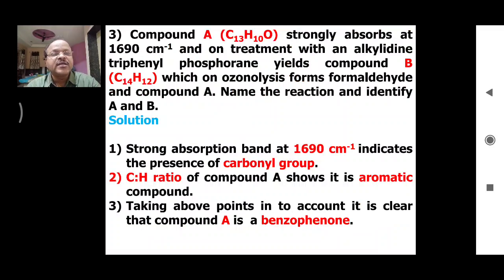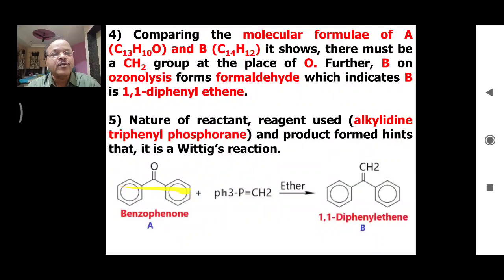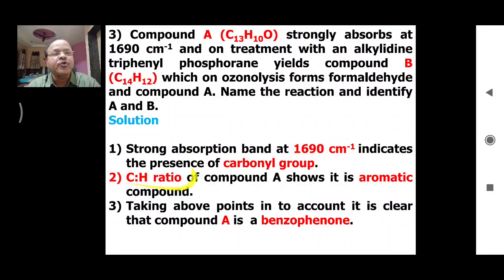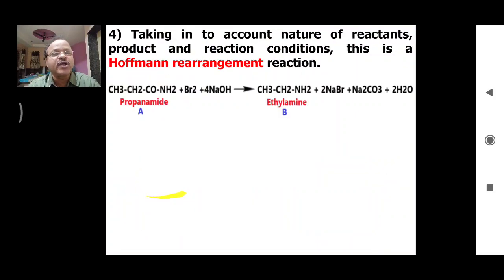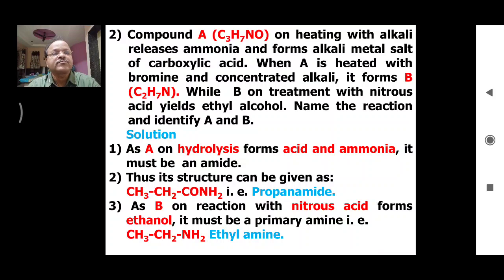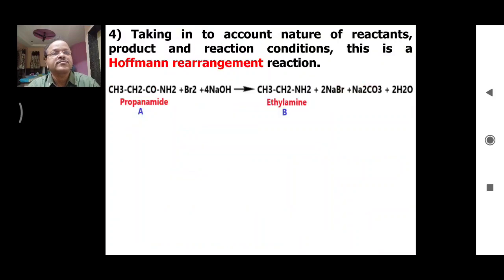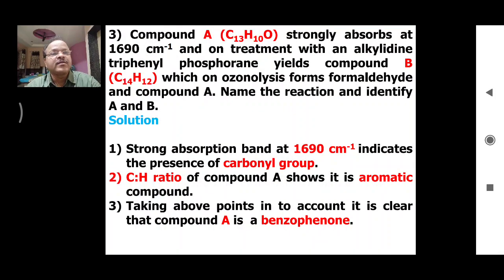Second point, the C:H ratio. So what is the C:H ratio? The compound A has molecular formula C13H10, so the carbon to hydrogen ratio is nearly equal.